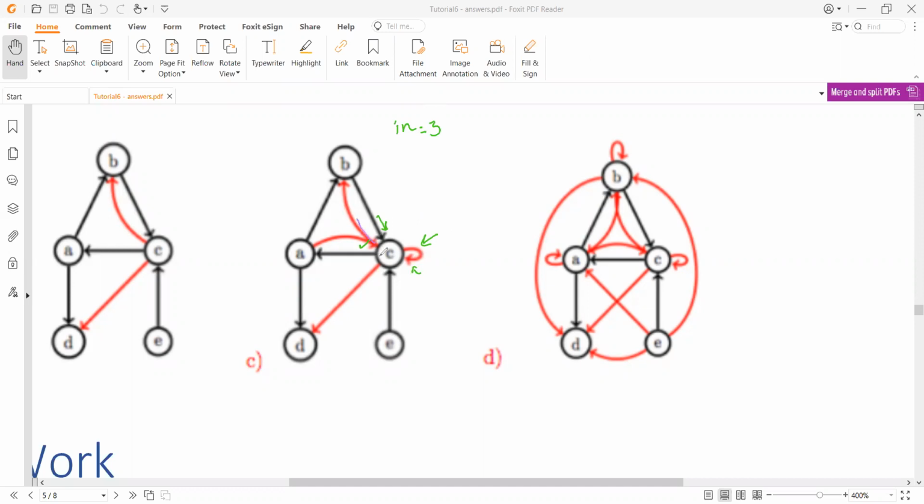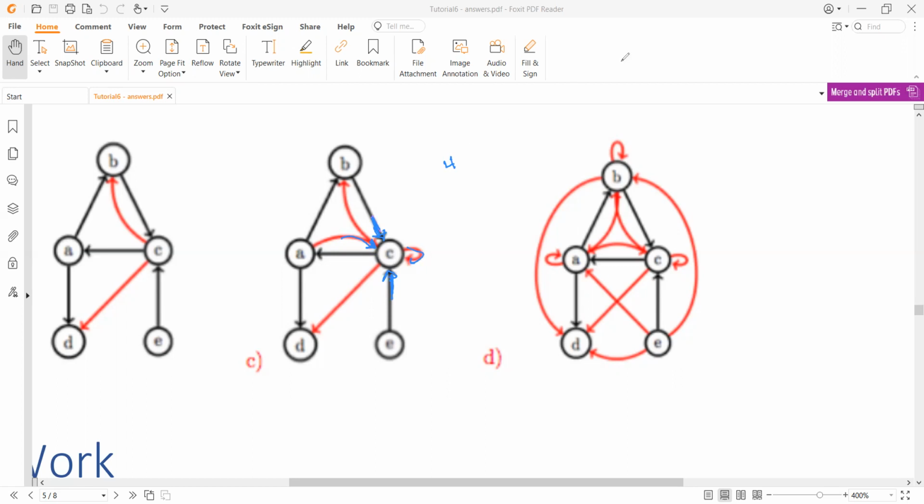Here 1, 2. Sorry, not 3 guys, I'm sorry. Let's count again. How many incoming arrows? Let's use blue. This is 1, 2, 3, 4. So I'm gonna look at 4.